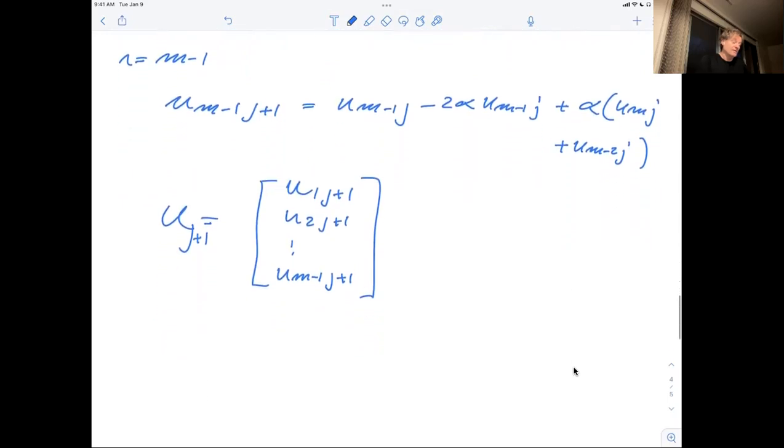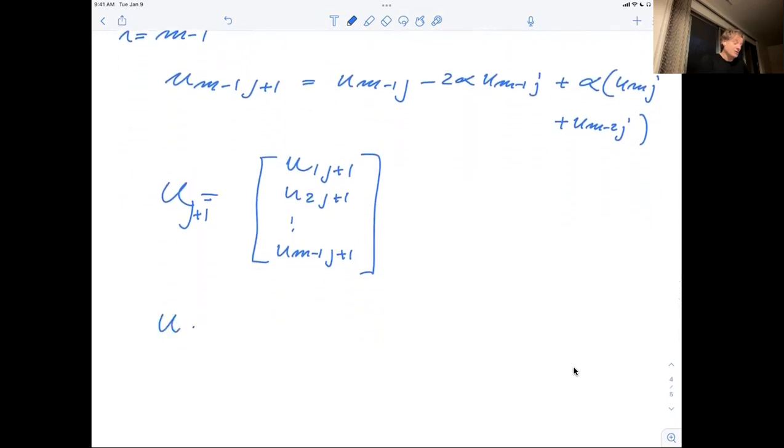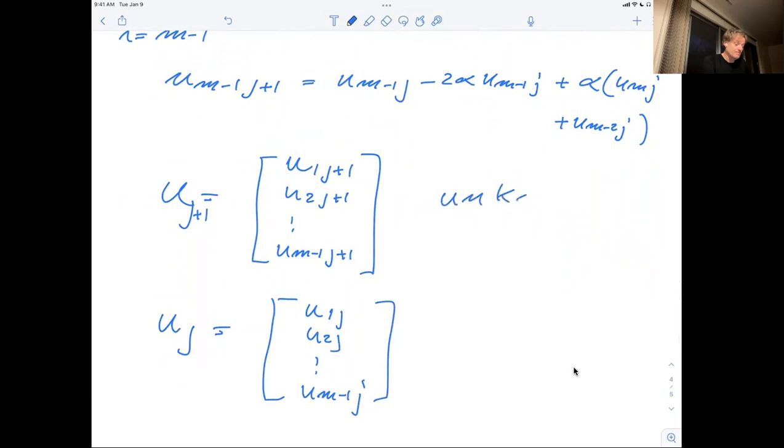It means I can also define another vector, which is just u of j. And that would correspond to the quantities which we have on the right-hand side, which are all known because they have been defined by the previous time step. So this is u of 1 of j, u of 2 of j, and all the way down to u of m minus 1 of j. So this quantity here is unknown. And this quantity here is a known quantity.